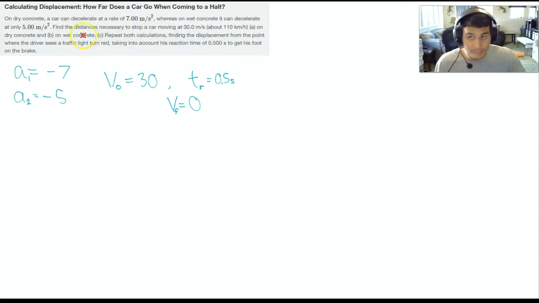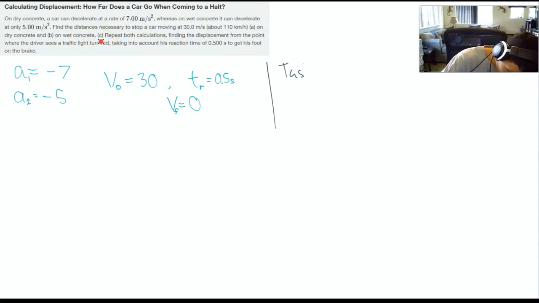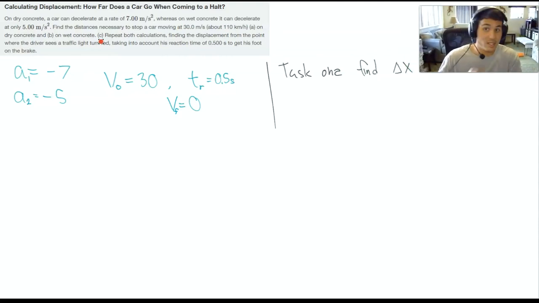Okay, so let's make a note here real quick. Task one, just find change in x, right? We're just finding the distance it takes him to stop, because he has to slow down, so he has to travel some distance.